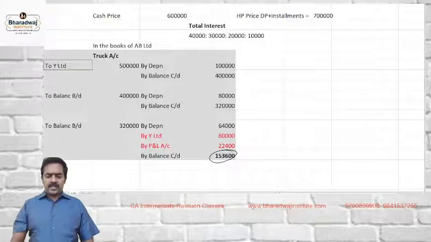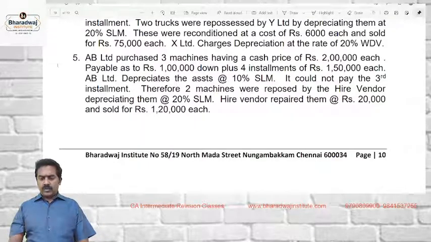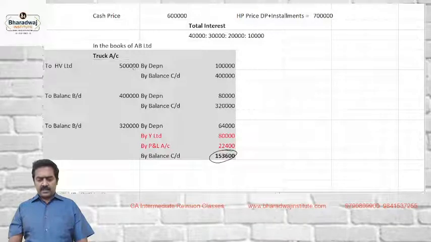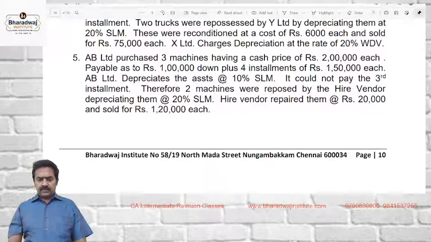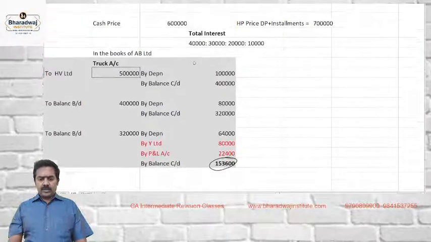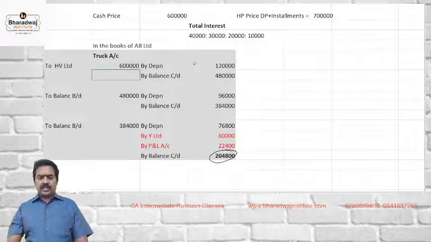Who is the purchaser? Who is the vendor? We are not given. So hire vendor account, hire vendor limited. What is the value of the machines? Two lakhs into 3, how much? 6 lakhs.